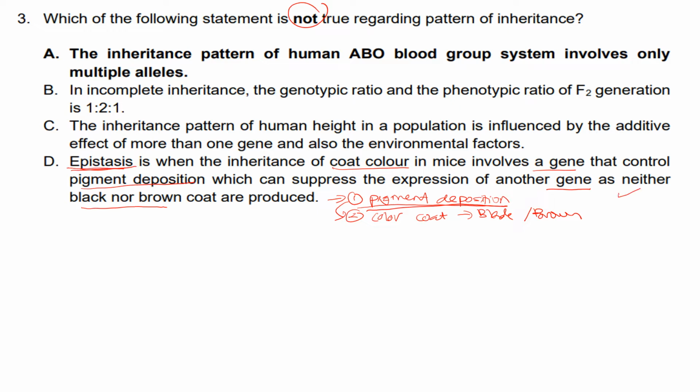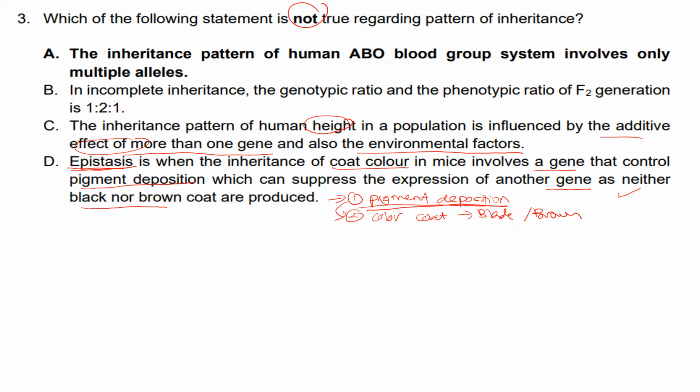For C, the inheritance pattern of human height in a population is influenced by additive effects of more than one gene and also environmental factors. For statement C, the inheritance pattern of human height is actually polygenic. One character is controlled by many genes, and each gene will contribute an additive effect to that phenotype.